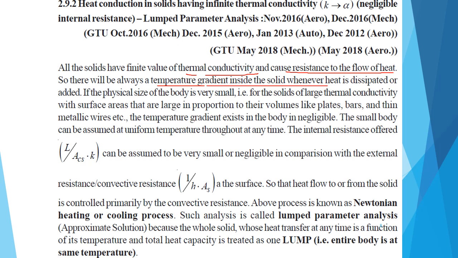But if we consider the case where the physical size of a body is very small, that is, a solid of large thermal conductivity with surface area very large in proportion to its volume, like plates, bars and thin metallic wires, where surface area is very large compared to the volume, plus the body size is small.